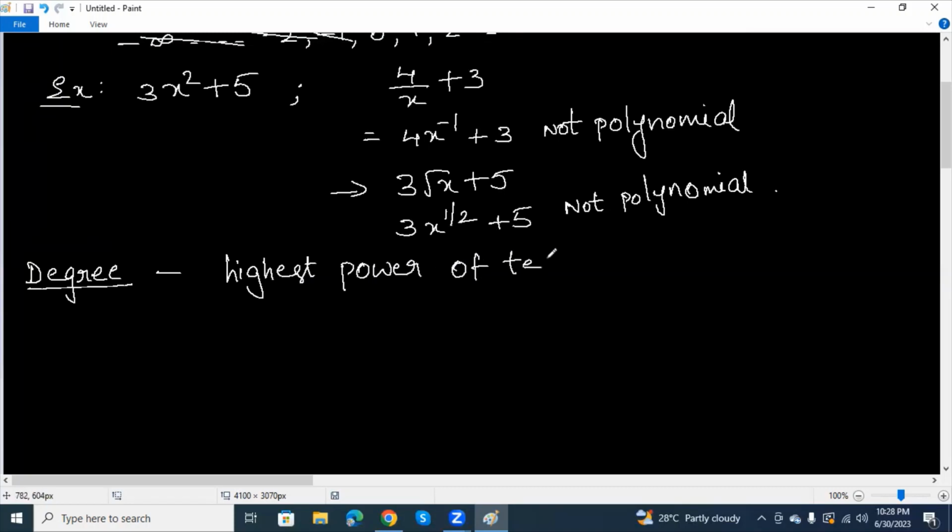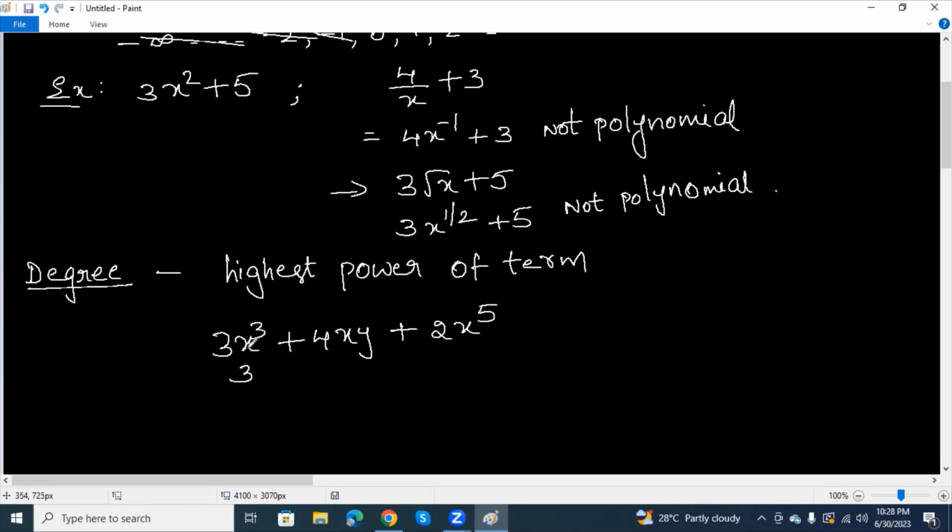An algebraic expression contains many terms, right? 3x cube plus 4xy plus 2x power 5. A polynomial contains many terms. Terms are separated with plus or minus sign. Here, how many terms do we have? 3 terms: 1, 2, 3. So in this, the highest power of the term. The power of this term is 3.